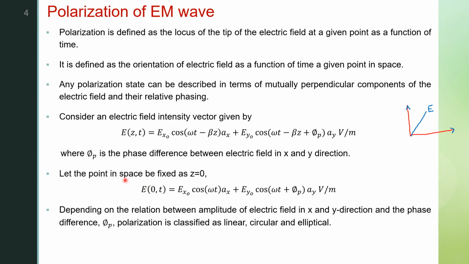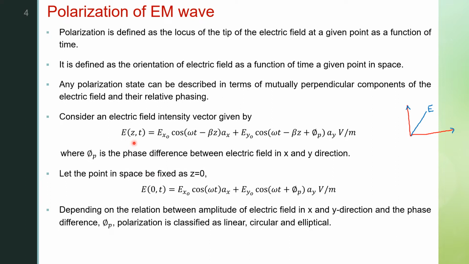Now, polarization is the orientation of the electric field as a function of time at a given point in space. So let's fix that point in space as z equal to 0 and compute the electric field there. The general representation is E of z comma t.